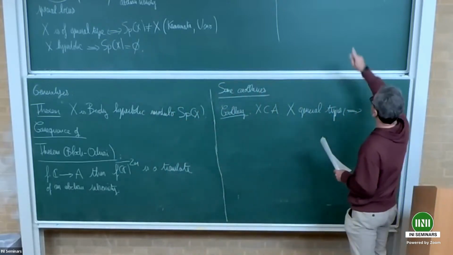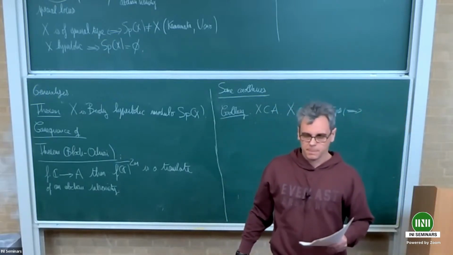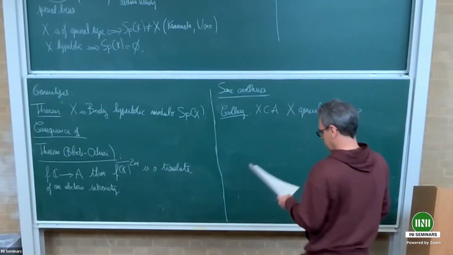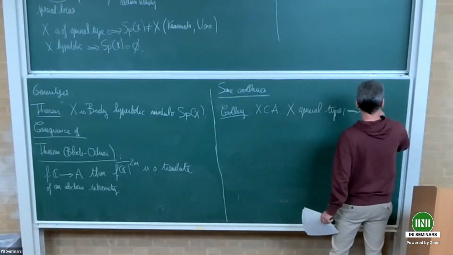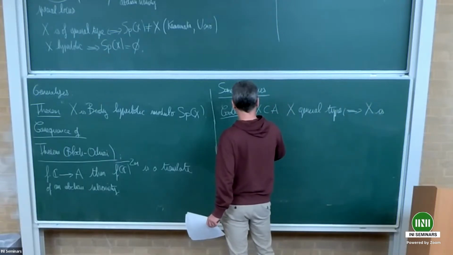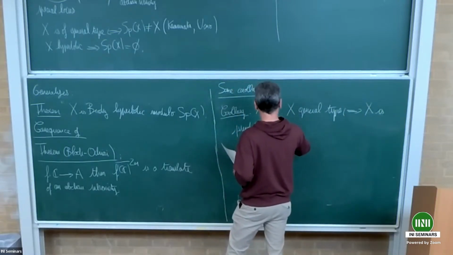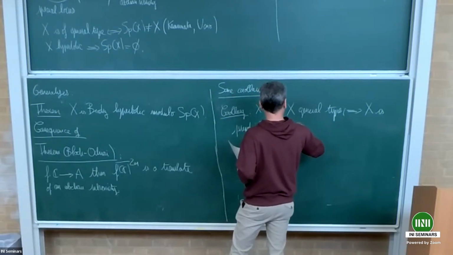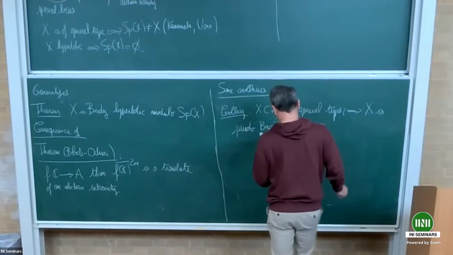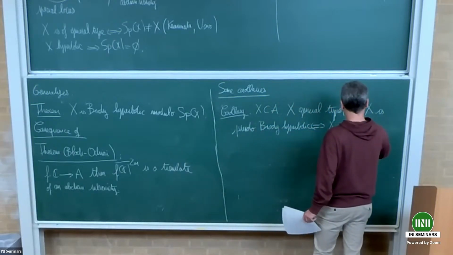But then by Yamanoi and this statement, we have exactly hyperbolicity modulo a proper subset. So X is pseudo Brody hyperbolic, and same for pseudo Kobayashi.